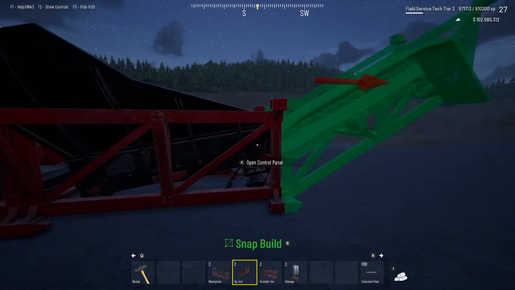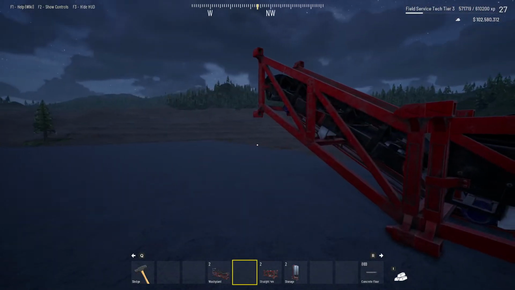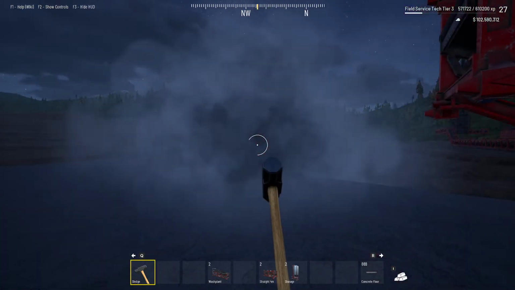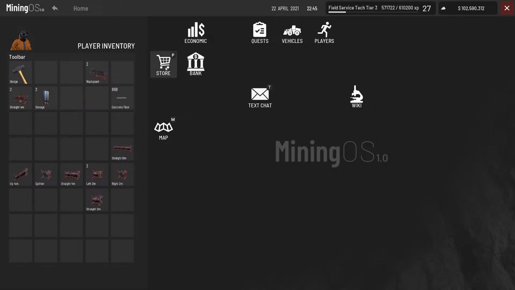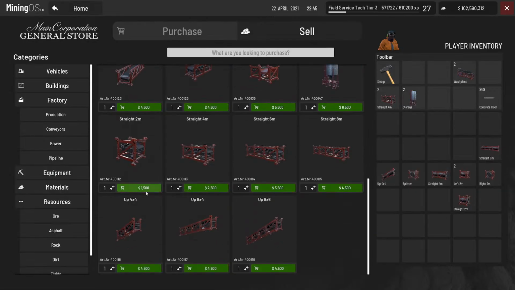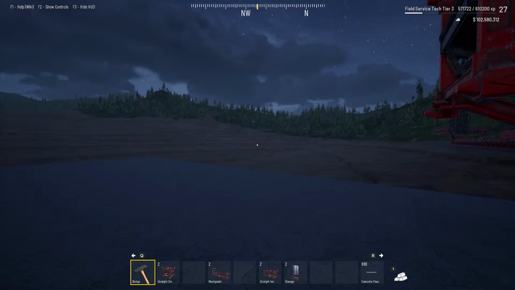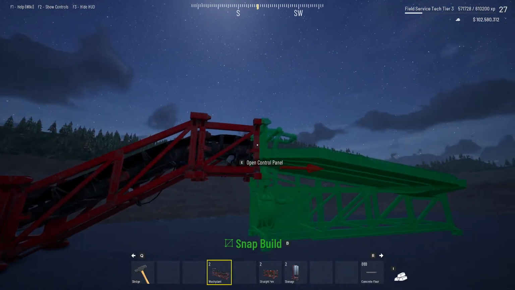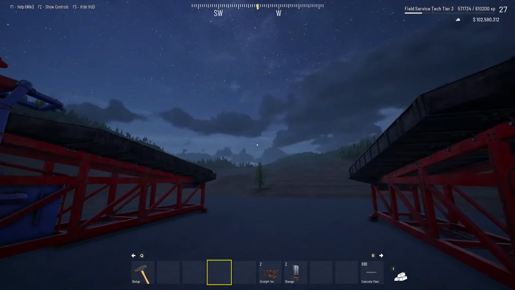I'm gonna go up and up. Wash plant. Oh, no. Store. Straight. 2 pieces straight. Then we're gonna go wash plant. Wash plant.